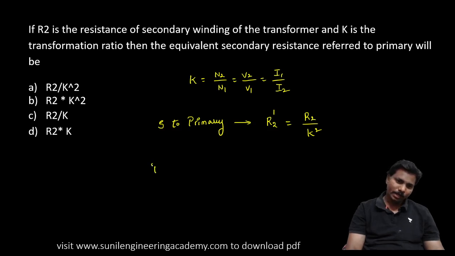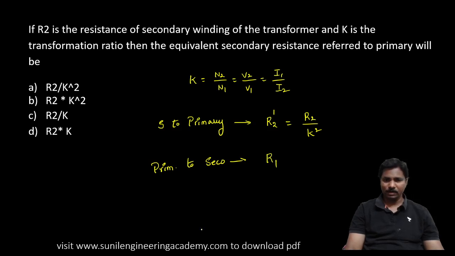In the same way, primary to secondary: the primary resistance is R1. Whenever coming to secondary, we make it R1 dash, then R1 into K square. For this, you can simply remember a small trick.